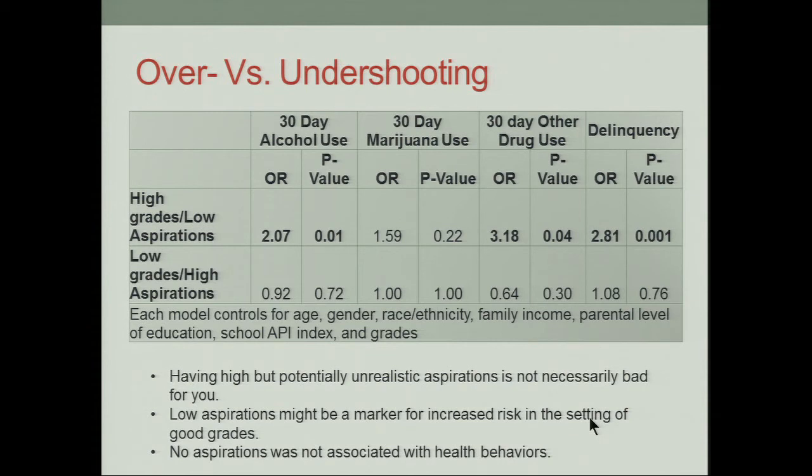But in contrast, having high but potentially unrealistic aspirations was not associated with an increased odds of engaging in these behaviors. Now, to better understand this, moving forward, we plan to look at longitudinal data to track how career aspirations change over time relative to school performance and risky health behaviors.